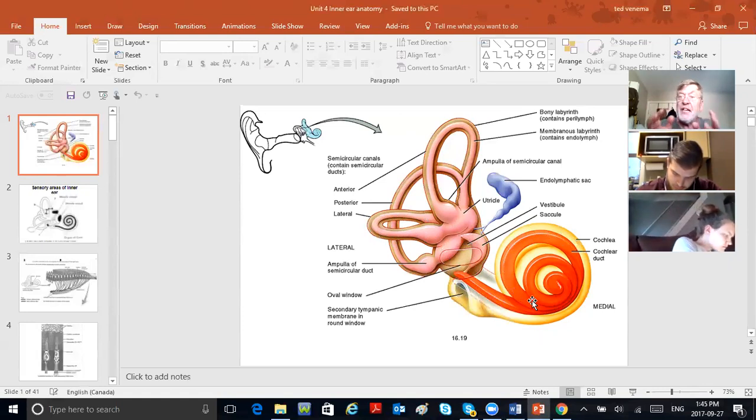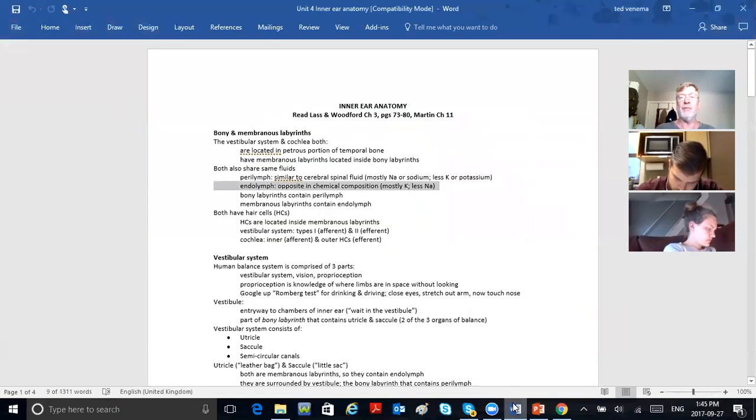So the fluid inside fills the membranous labyrinths, endolymph. The fluid surrounding the membranous labyrinths is called perilymph. So now you've got the bony labyrinths, membranous labyrinths, the fluids in each one, and the very general orientation of them. And that's what it says here.